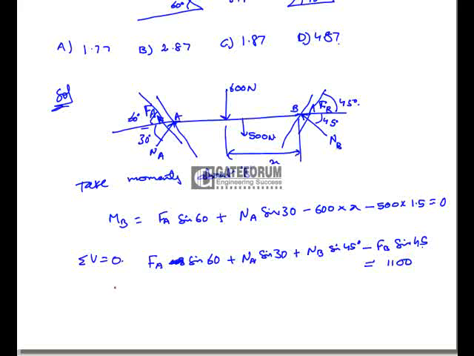But we know that here FA is equal to mu NA and FB is equal to mu NB, and mu is given as 0.2, so FB is equal to 0.2 NB and FA equal to 0.2 NA.